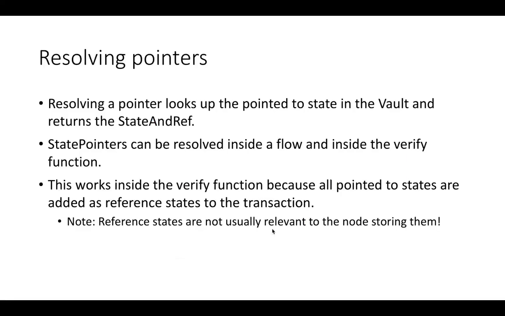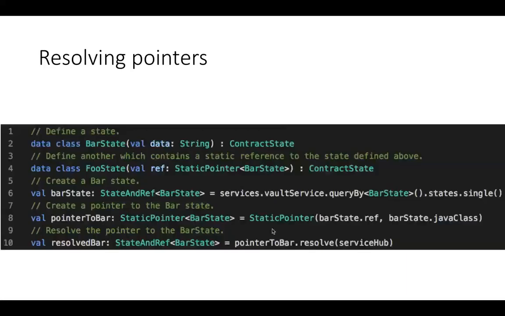So you can always just look up the state inside the transaction, inside the ledger transaction. And I note here again, the reference states are not usually relevant to the node storing them. So that's pretty important.